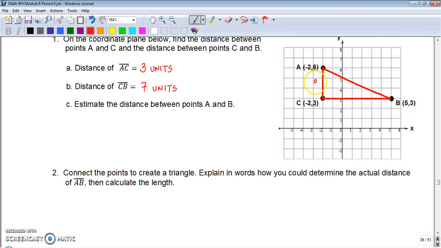So if this is 3 and this is 7 and I want to find AB, I could use the Pythagorean theorem and label this C. There's my right angle.